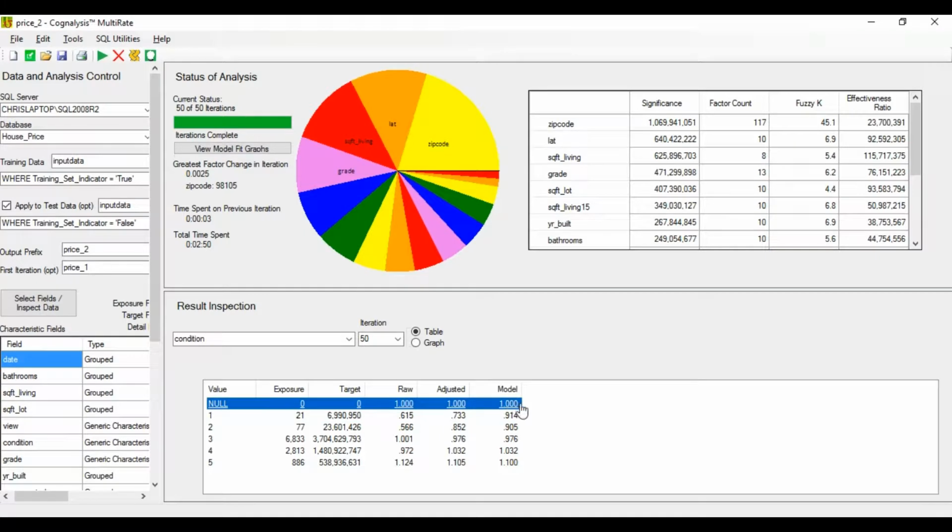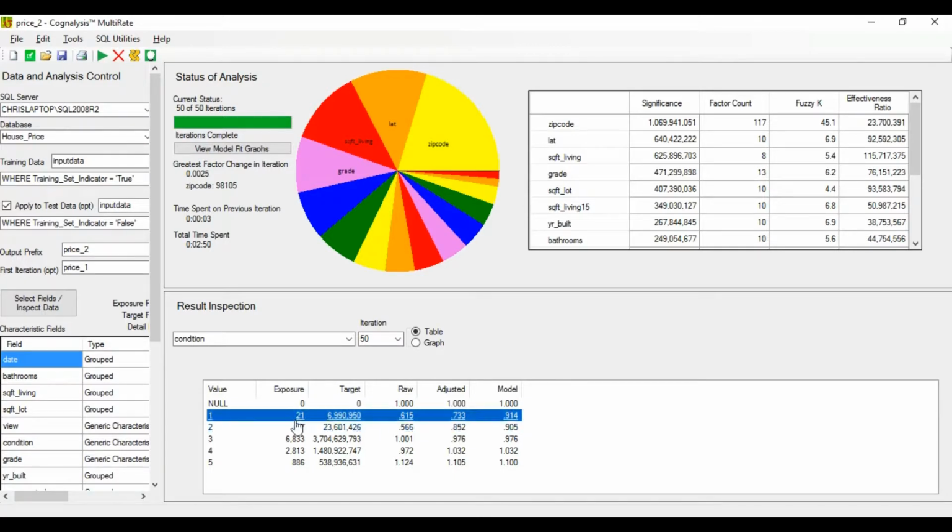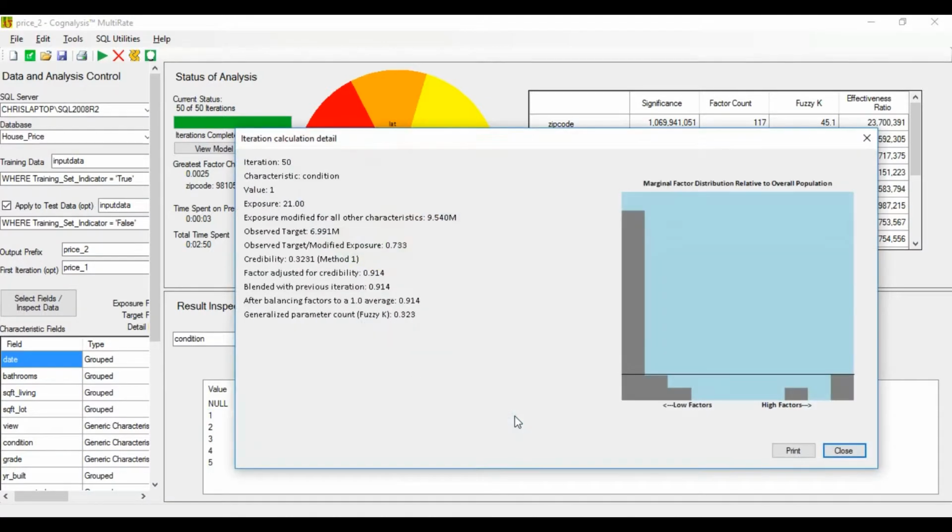So this first one, there's no credibility because there's no exposure. We really don't have a parameter. It's not being included. In this second bin, where the condition equals 1, we only have 21 records. Our observation adjusted for all other variables is telling us a factor of 0.733, but we're only using a factor of 0.914 because of credibility, which is a very important actuarial concept.